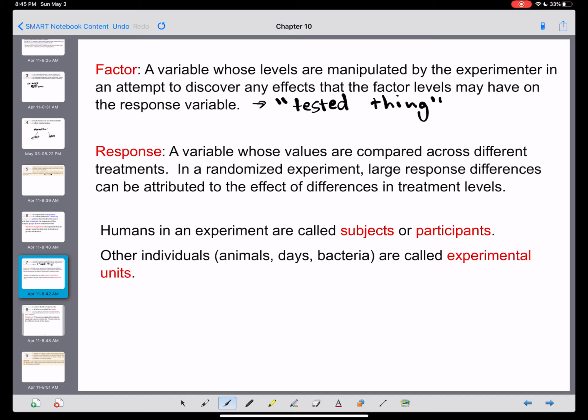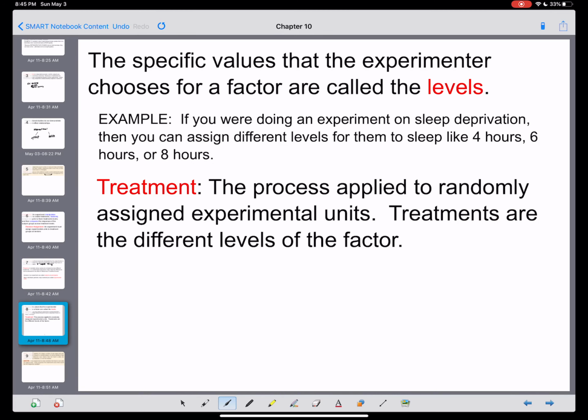So once again, a factor is the thing that we're testing. It's a variable that we're testing. For example, if we're testing whether this medicine is effective, then the medicine itself would be a variable, aka a factor, and how people feel after we give it to them is called a response. The specific values that the experimenter chooses for a factor are called the levels.